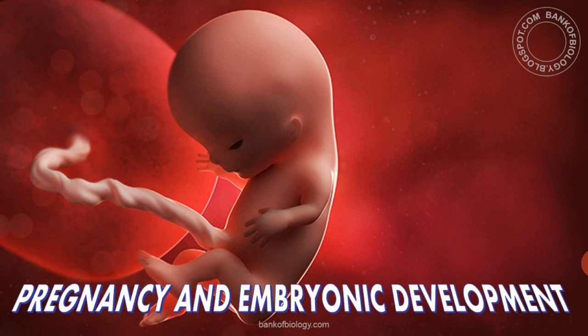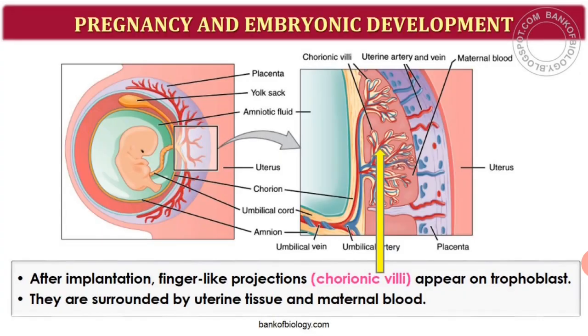What happens after implantation now? After implantation, the outer layer of cells called the trophoblast gets deeply rooted into the endometrium and gives rise to finger-like projections.